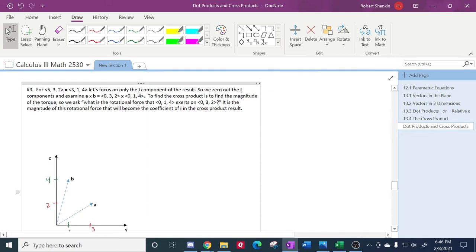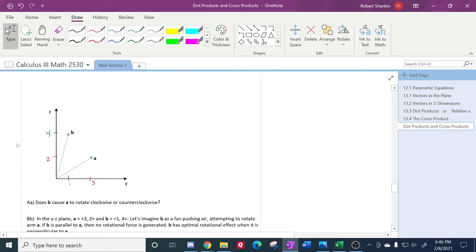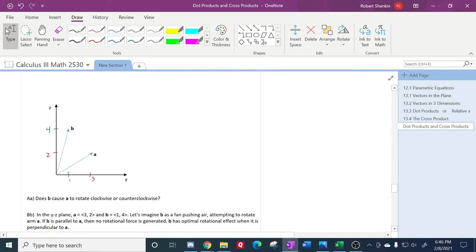What's the rotational force that B exerts on A? Does B cause A to rotate clockwise or counterclockwise? Well, it's pretty easy to answer.